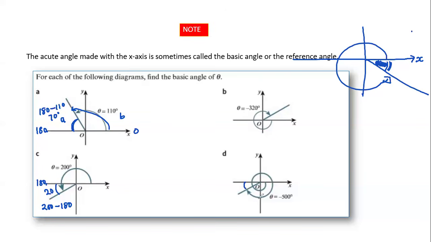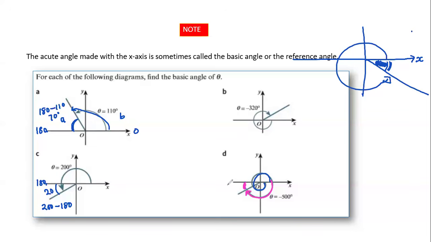Yes, it is anti-clockwise. So this was the first turn. Are you seeing the first turn? And then he continued the second turn. So you tell us the reference angle. The reference angle should be this angle very close to the x-axis.